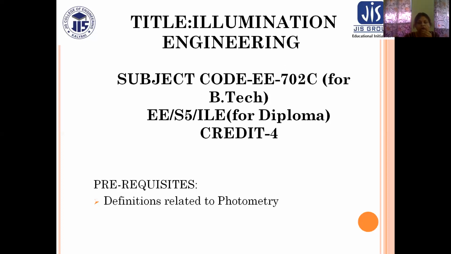So luminous intensity I equal to F by omega or phi by omega. These are the basic definitions related to photometry.